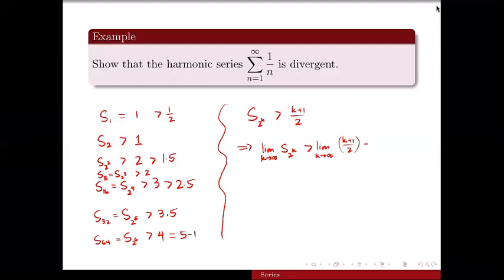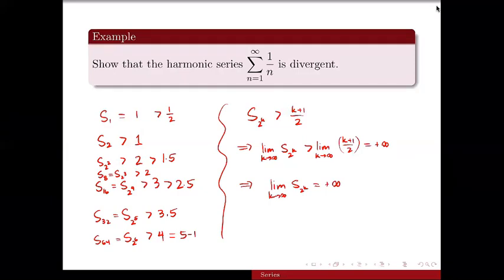But this is plus infinity here. So it means that this limit here must be plus infinity. So the limit of S sub 2 to the k as k approaches plus infinity is plus infinity.